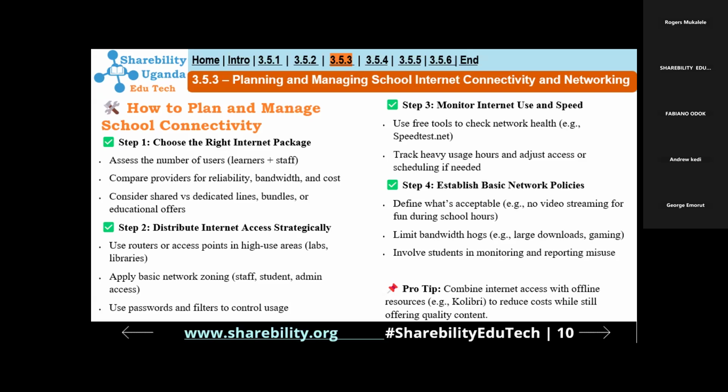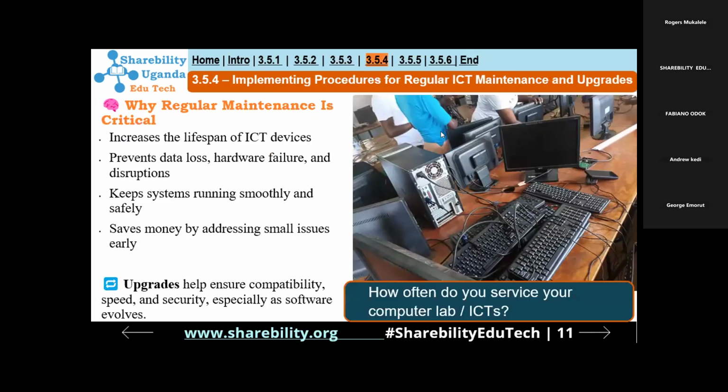You can also scrape websites for offline access, as we talked about in the module on digital libraries, so that learners can continue using ICT for research even when your bundles are finished. You can download Wikipedia or W3Schools and put it offline for learners to use, and you are saving your bundles if you are using broadband on a subscription basis.